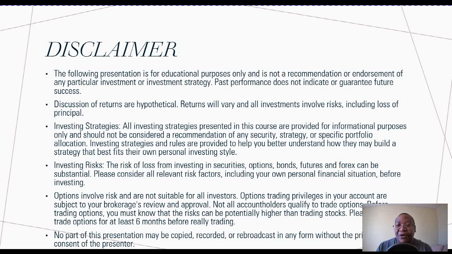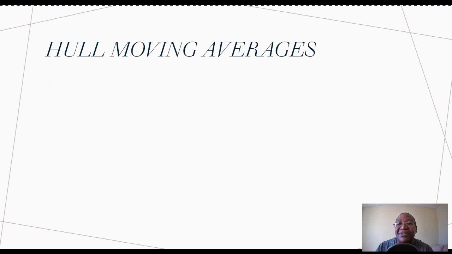All right, folks, I am so excited about today's video. Today we are going to be talking about Hull moving averages. We are going to take 3 different moving averages and use them as one solid indicator. The first average is the 20 Hull moving average.